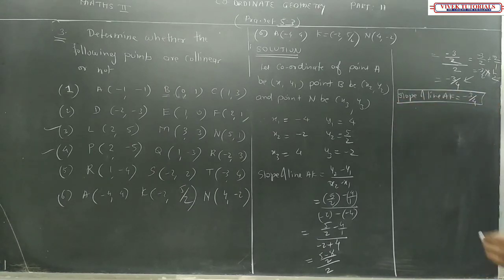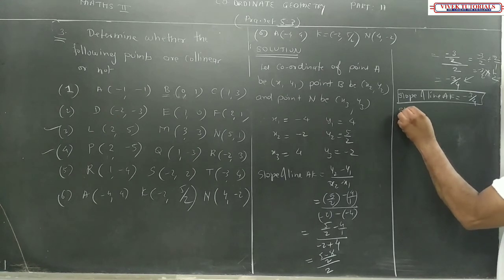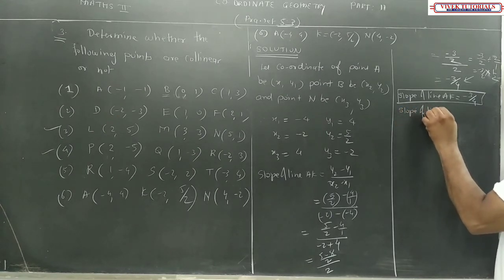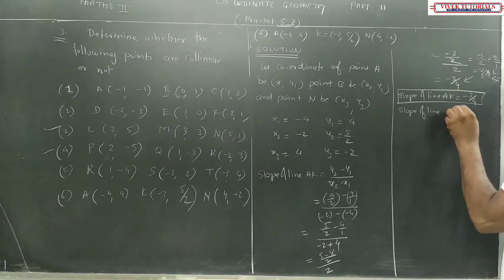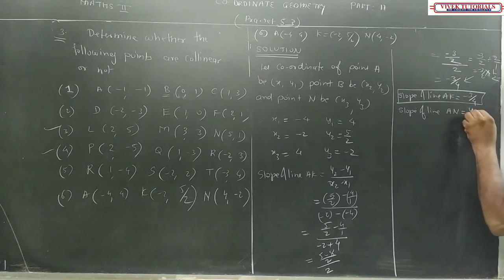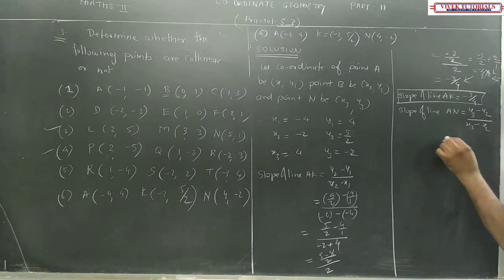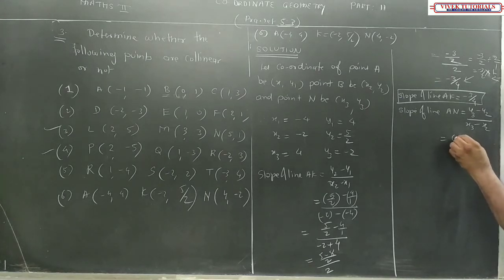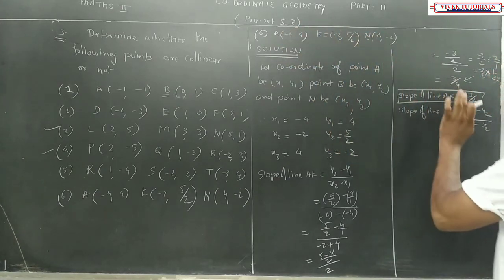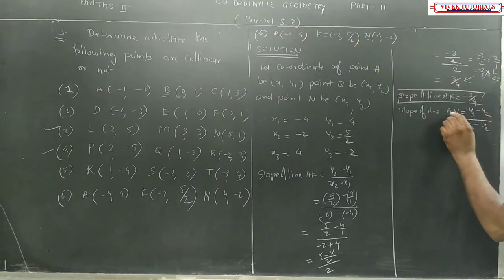Next is the slope of line AN. I told you that we can take it directly, so instead of taking KN, I am going to take AN only.